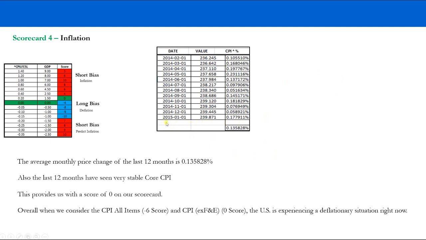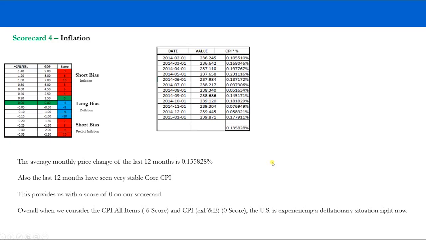So when new numbers come out each month, you just take the last 12 months by inserting it in the latest row and including this in your overall statistical analysis. If we put in a new row here, we would have 13 rows in this data set, and then we just exclude the top one.